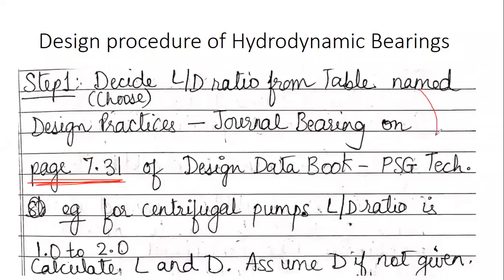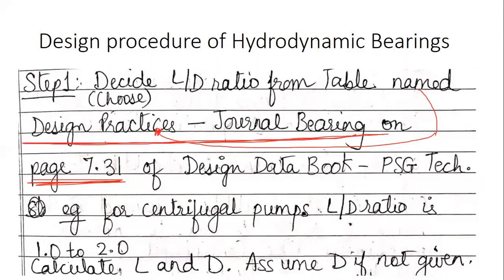If you open your PSG design data book, the table is named Design practices, journal bearing. So the first step is to select the L by D ratio, where L is the length of the bearing and capital D is the journal diameter. You all know that, right?